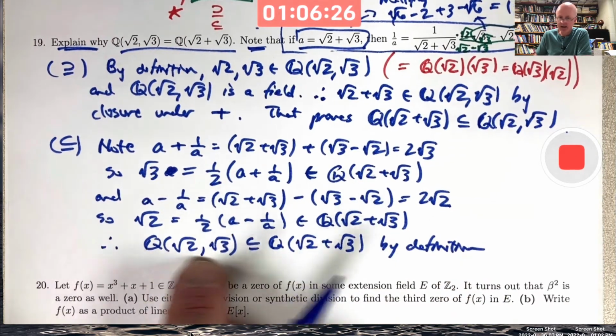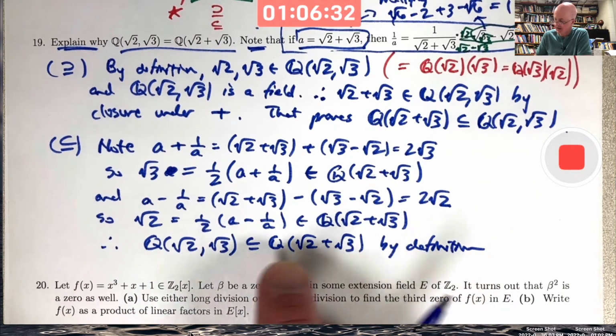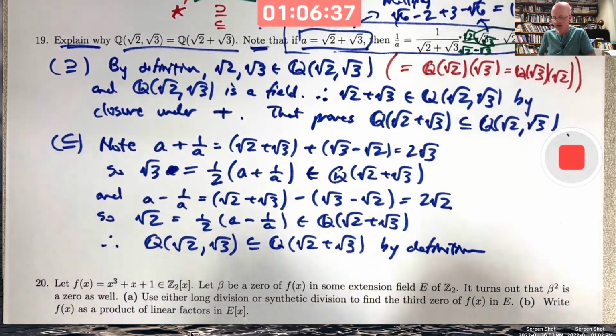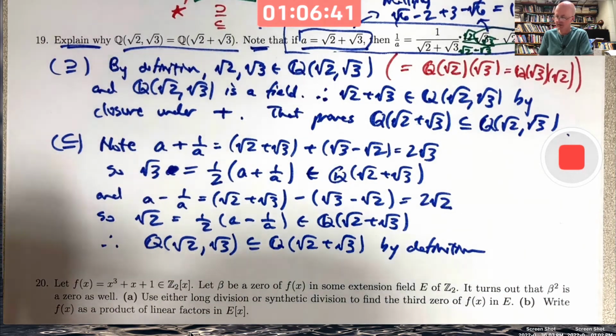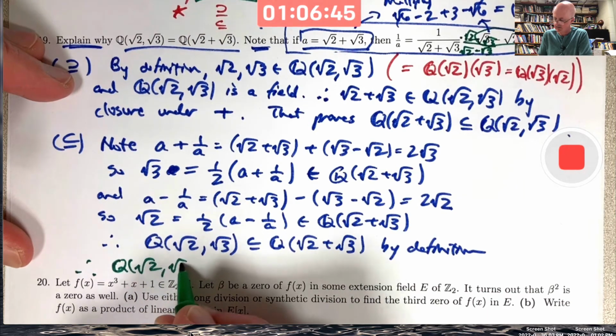This is by definition the smallest subfield of the complex numbers containing square root of 2 and square root of 3 and the rationals. This contains the rationals and those things, so it's got to be quote unquote bigger or equal. And ultimately they're equal, because I've shown both inclusions. Therefore, these things are equal.